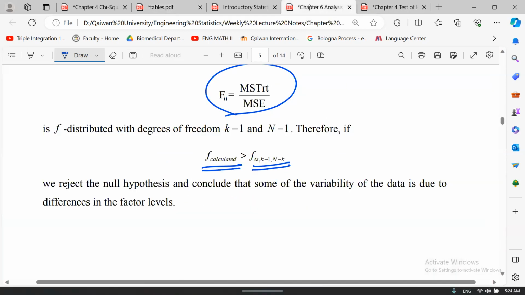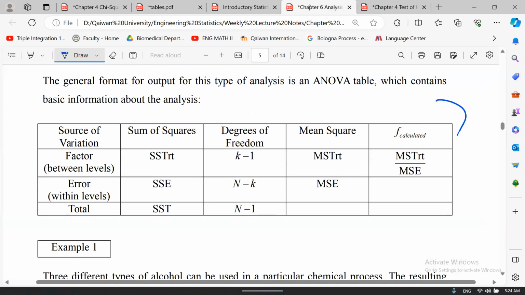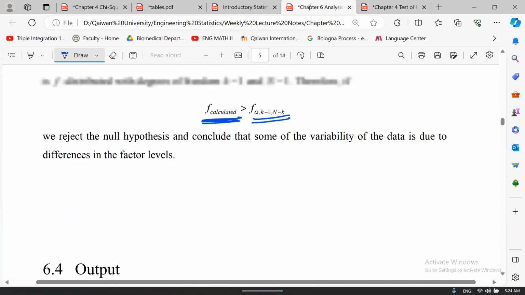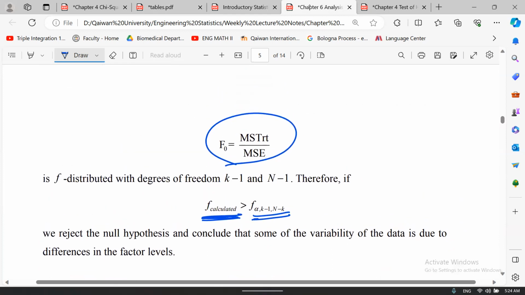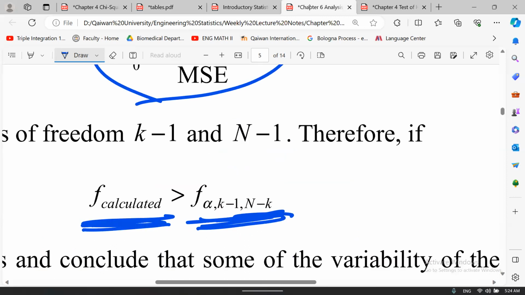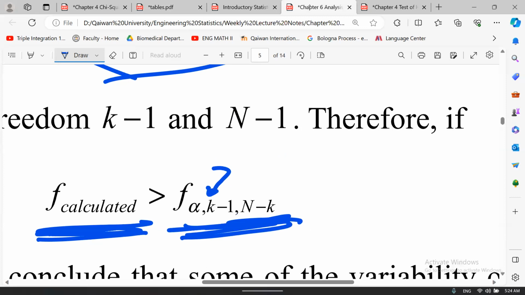Now, we say if F calculated is this value that we get here. It's F calc or F naught. If that value is greater than F from the table, F of alpha, k minus 1, n minus k.